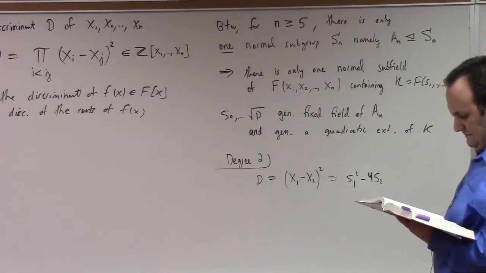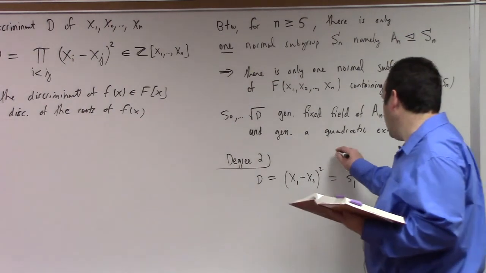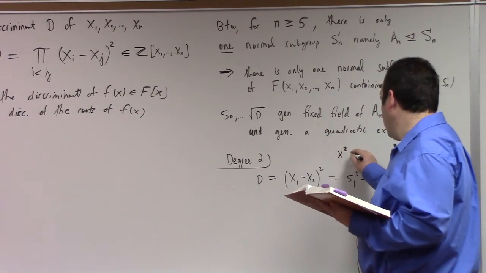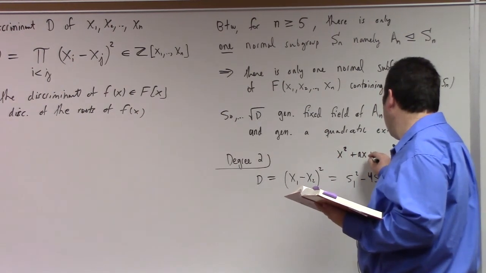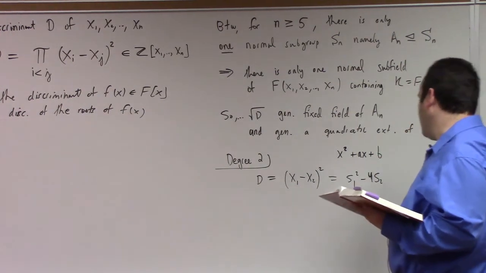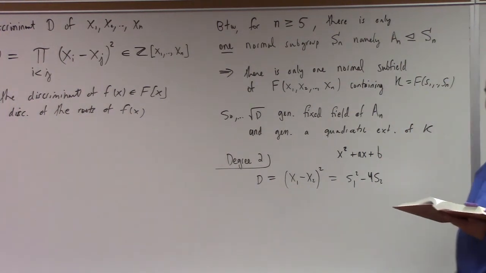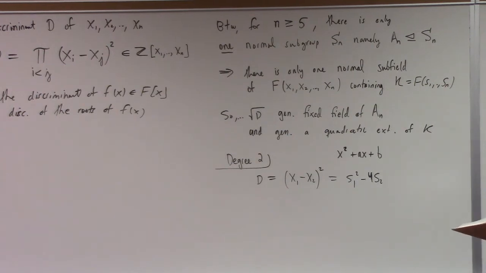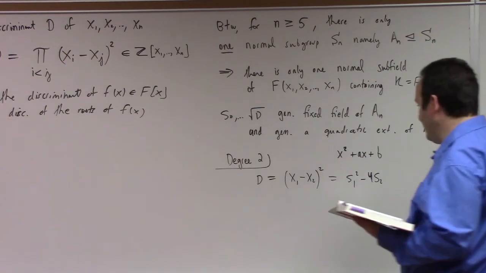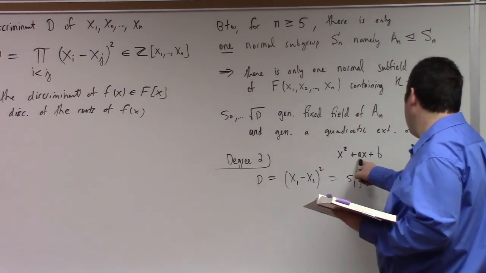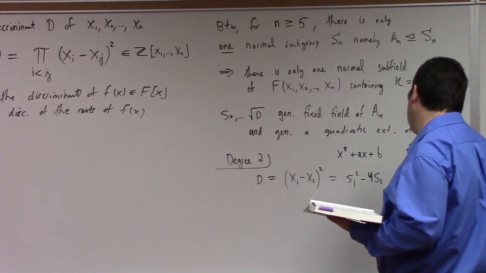So we're looking at x squared plus, and I almost want to rewrite this as bx plus a just to make it more familiar. But usually, oh, you're right, bx plus c.